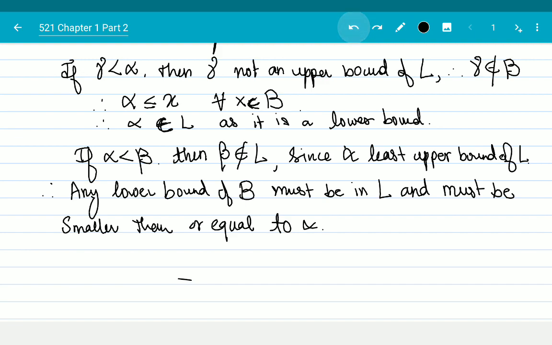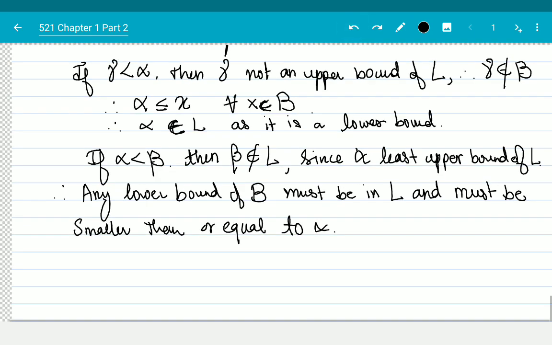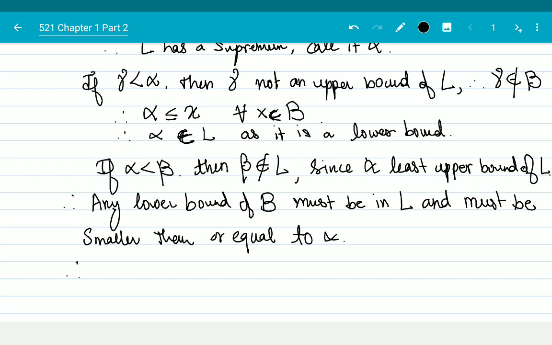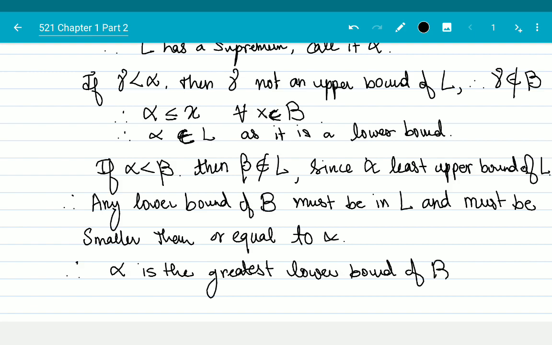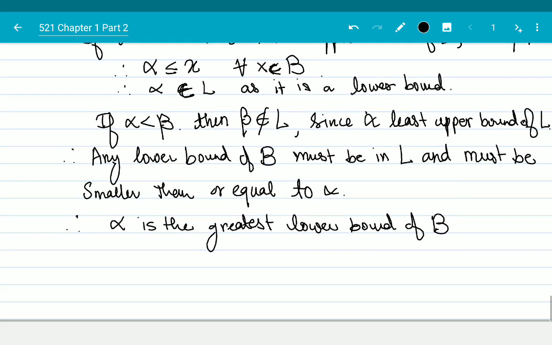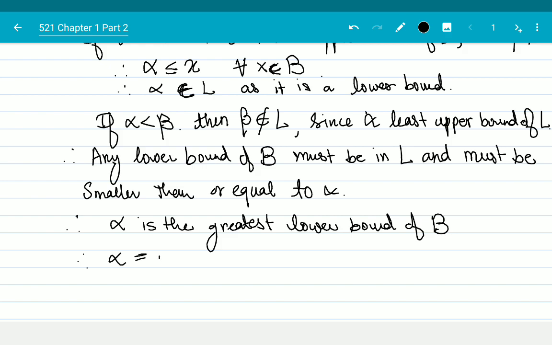As it is the largest element of L. Therefore, alpha is the greatest lower bound of B, and therefore alpha is equal to the infimum of B as required.